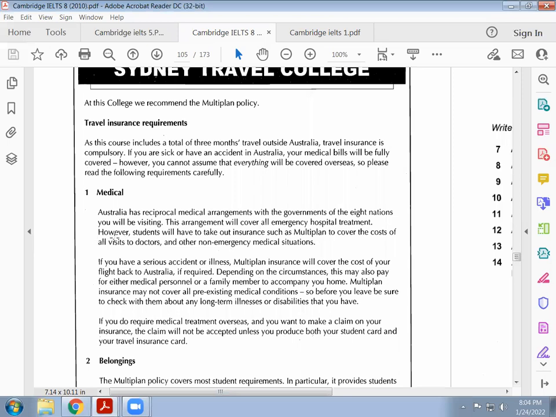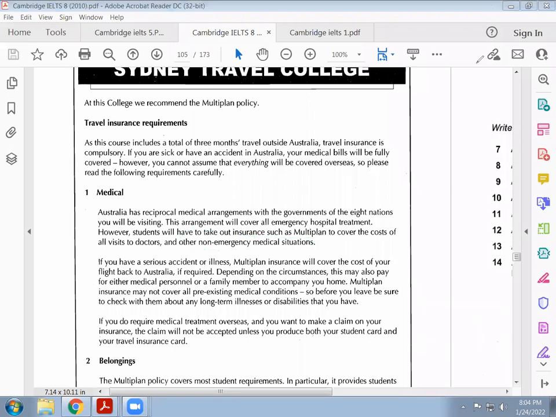They said, however, which means the opposite now, students will have to take out insurance such as multi-plan to cover the cost of all visits to doctors and other non-emergency medical situations. So what is other non-emergency medical situation?